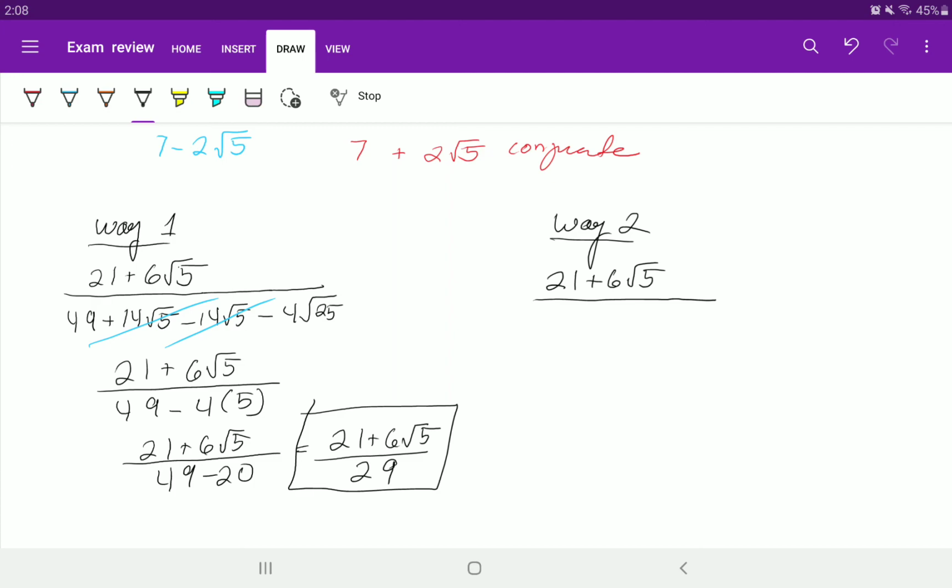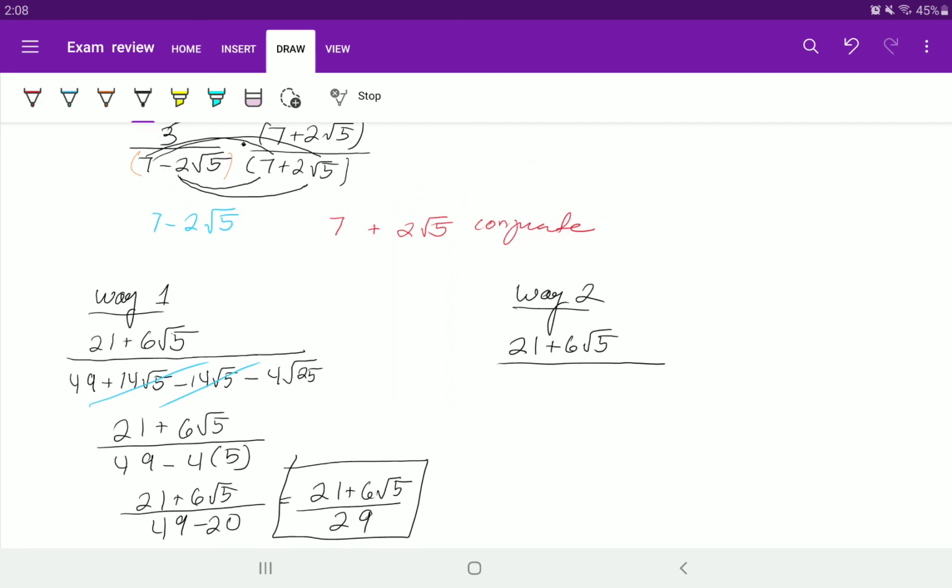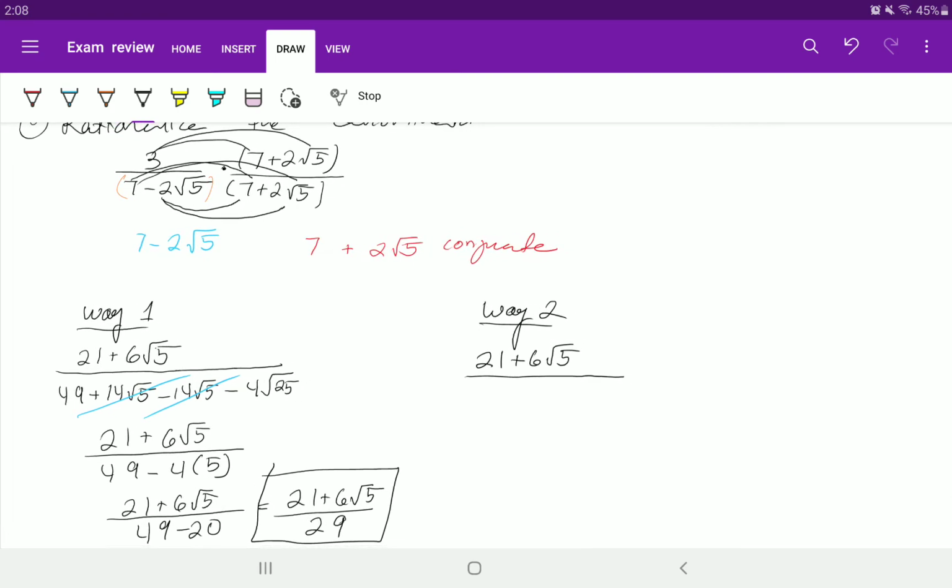Way number 2, once again, the numerator is still performed in the same manner. But instead of me distributing, I'm going to use the approach of multiplying conjugates equals the difference of perfect squares. So a minus b times a plus b equals a squared minus b squared. Once again, multiplying conjugates equals the difference of perfect squares.